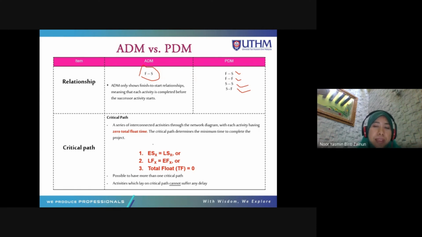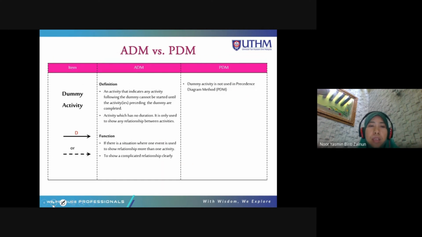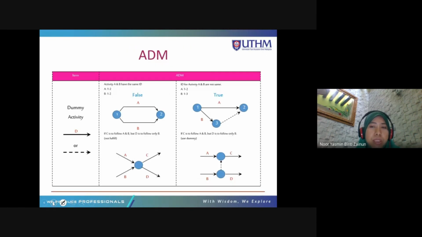And the critical path is with float 0, okay? So that's why only ADM has dummy activity, but no dummy activity in PDM, because PDM already has 4 relationships.